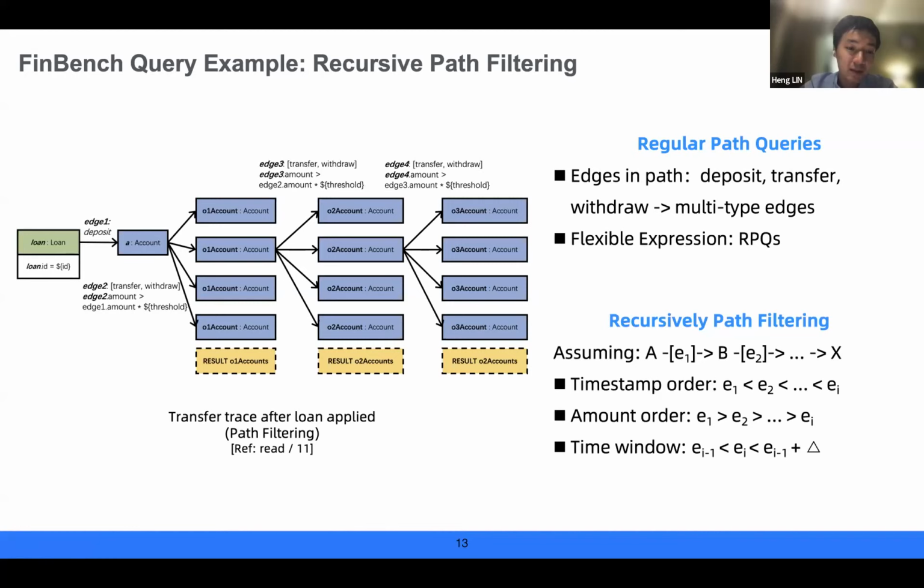For example, the first hop constraint may be larger, maybe 50%, and the second hop can be 40%. The constraints are different in recursive path filtering. It defines a path, and the constraints will be different for different hops.